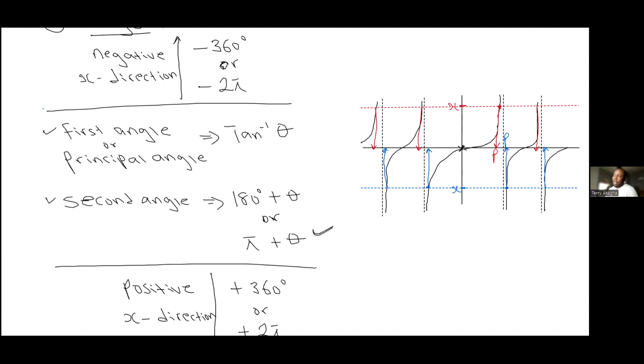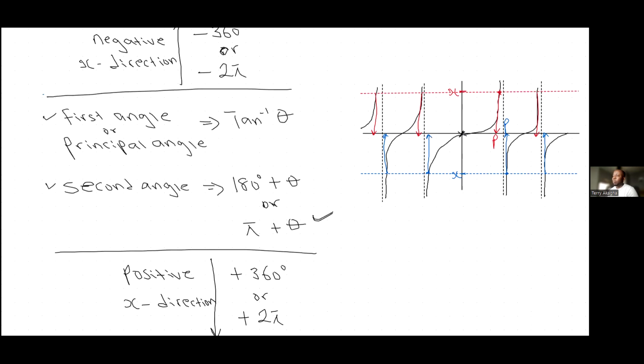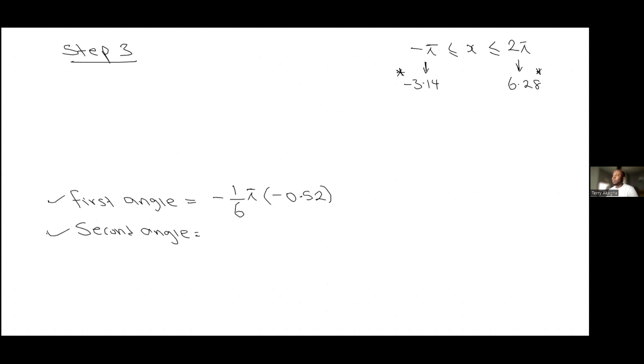Then we'll be adding 2 pi when we are going in the positive x direction, or we subtract 2 pi when we are going in the negative x direction. So going back there, that's how you get the second angle: pi plus theta.